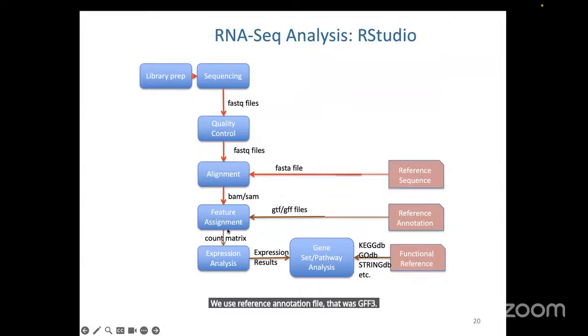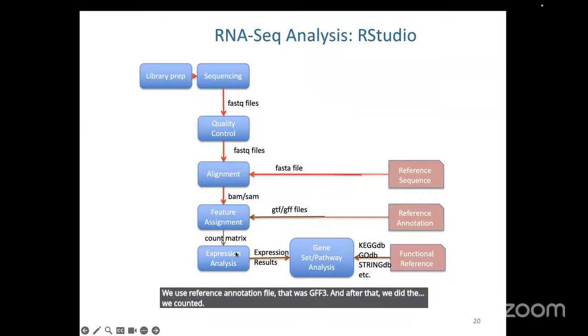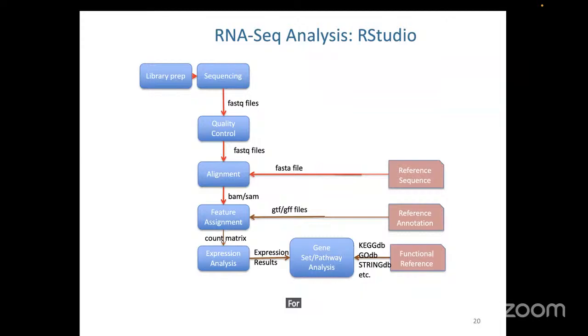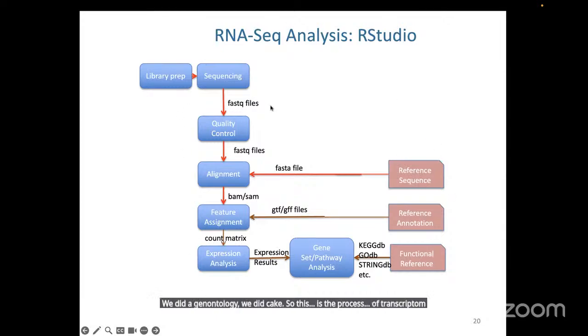After that, we counted for every gene how many reads were mapped, and then we got the matrix. That's where we stopped yesterday. Then we did gene expression to show which genes were upregulated and which were downregulated. After that, we did functional annotation, gene ontology, and KEGG. So this is the process of transcriptomics, or RNA-seq.